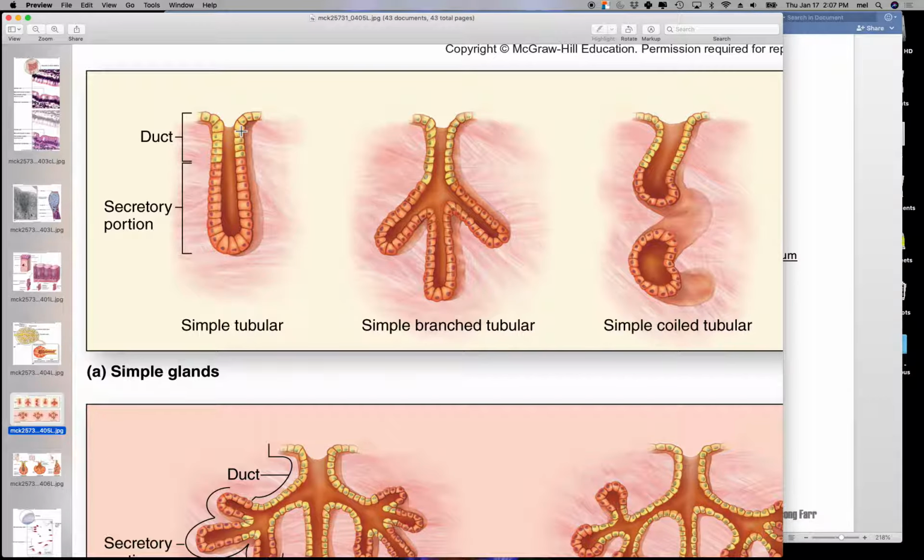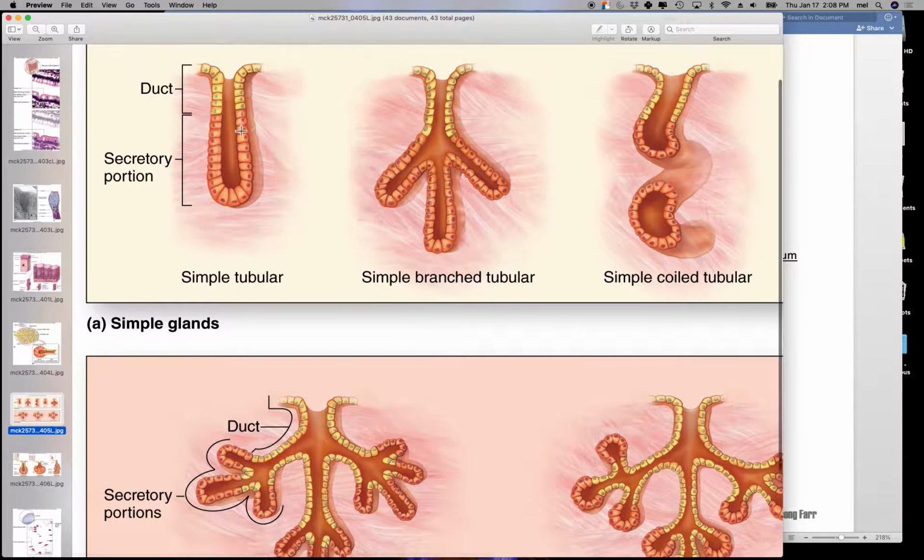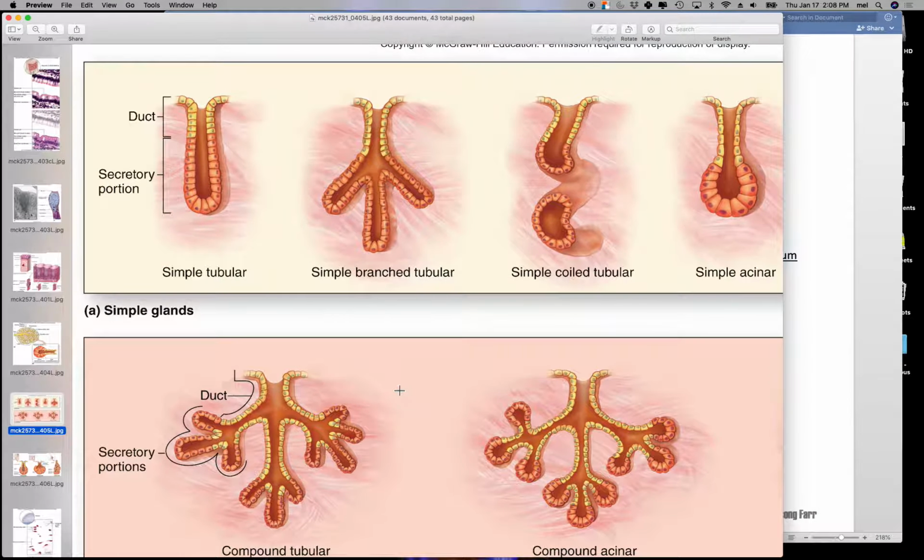Yeah? So let's talk about a few glands and see if you can categorize these, okay? Endocrine or exocrine. And by the way, in my class, you don't have to name these individually. You just have to be able to recognize that they are epithelial and exocrine. That's it, okay? So categorize these glands as endocrine or exocrine. You ready?